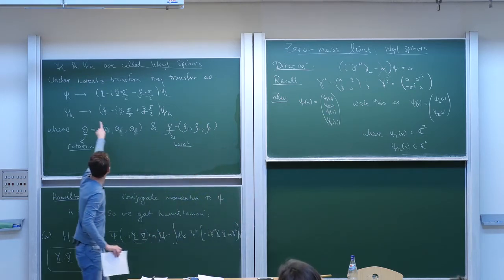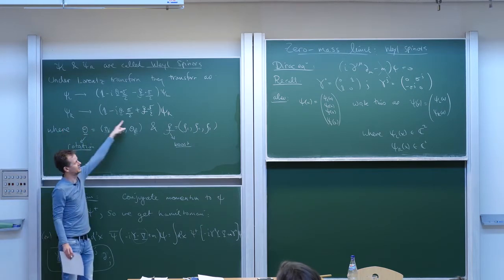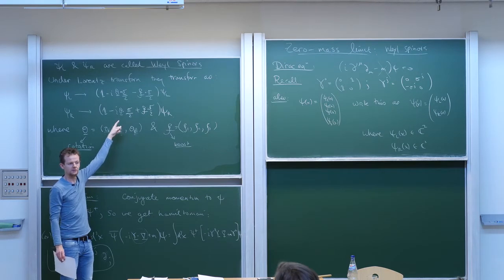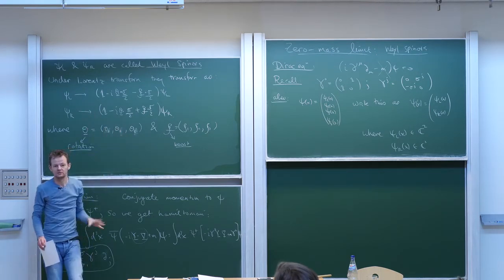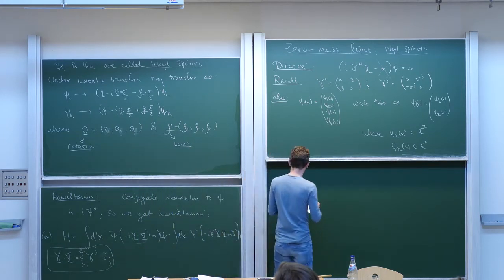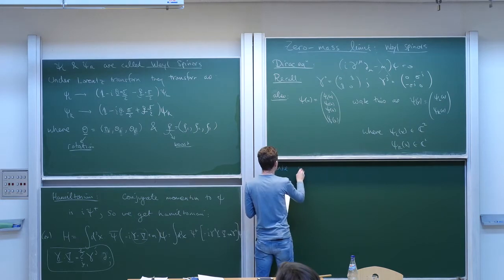Now, if you look at the transformation law here for psi L, it looks almost the same as the transformation law for psi R, right? There's hardly any difference between these two. It turns out the top one contains implicitly the transformation law for the second if you do a certain transformation first.